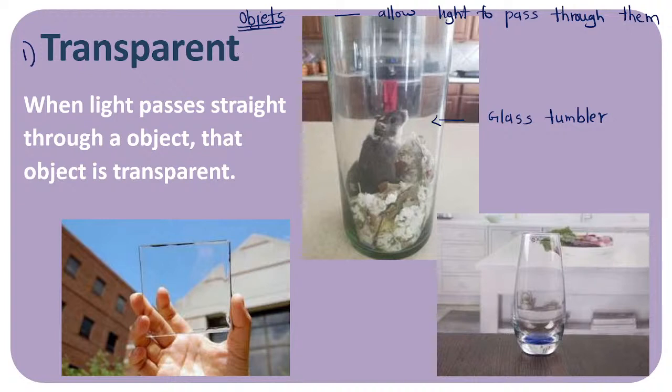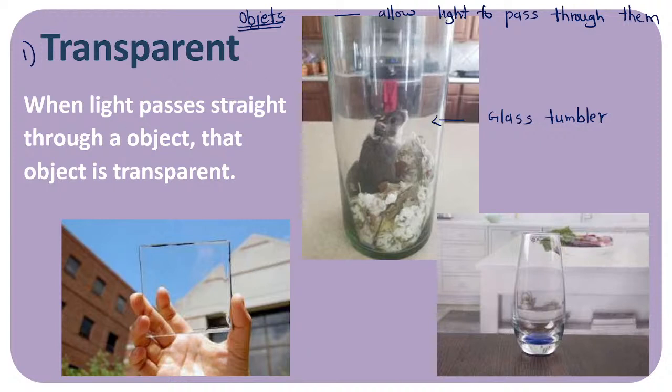So whatever is there on the other side of the glass tumbler is visible, isn't it? I can see that most probably it will be the kitchen counter. Most probably this is a gas top. I can see everything through that glass. Why is everything visible? Because such objects are transparent.